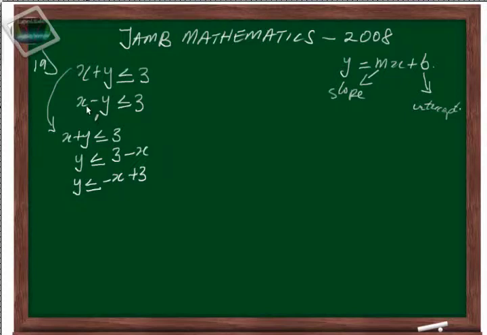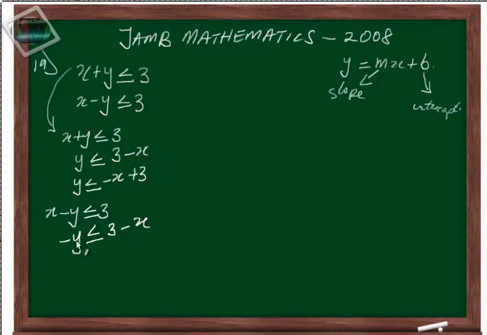The next inequality is x minus y is less than or equal to 3. To isolate y, we have to subtract x from both sides. So that will give us minus y is less than or equal to 3 minus x.